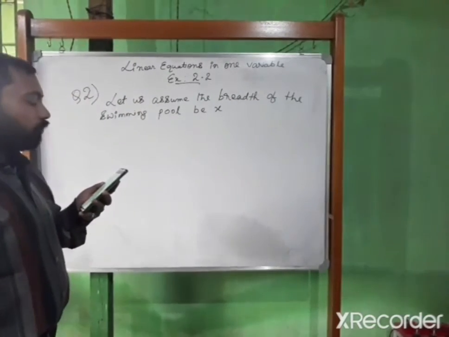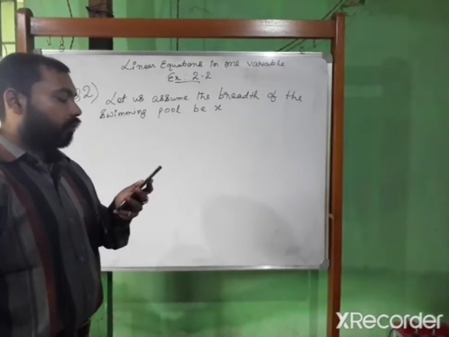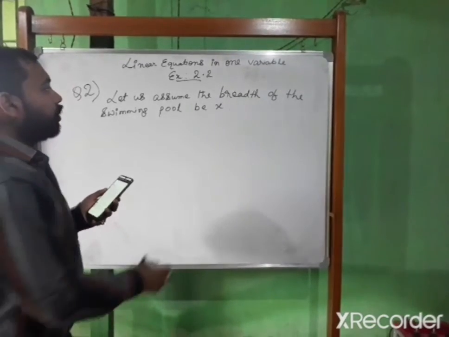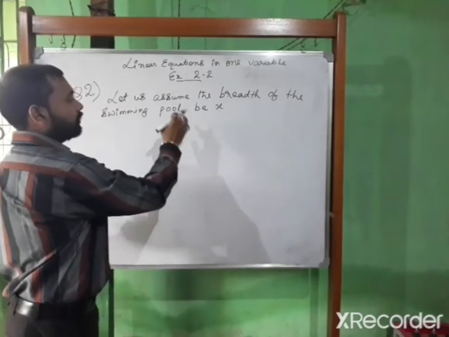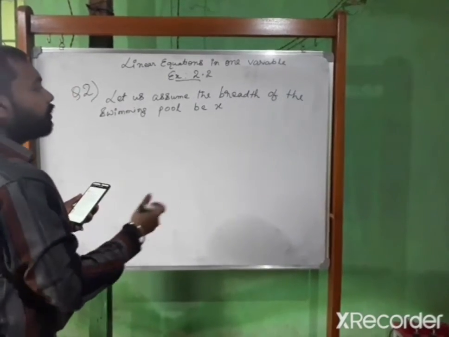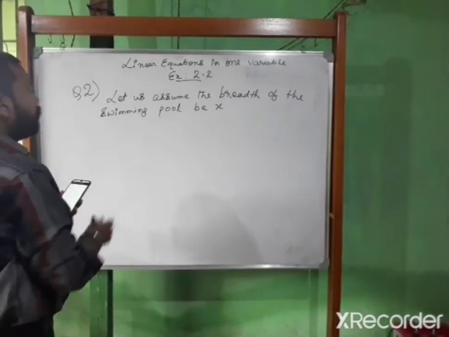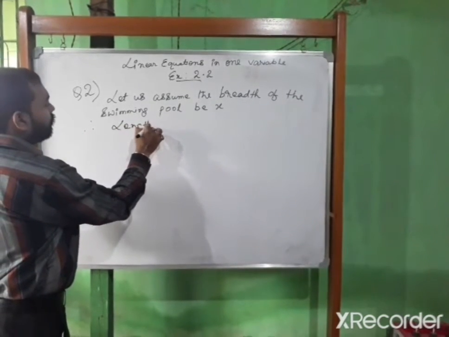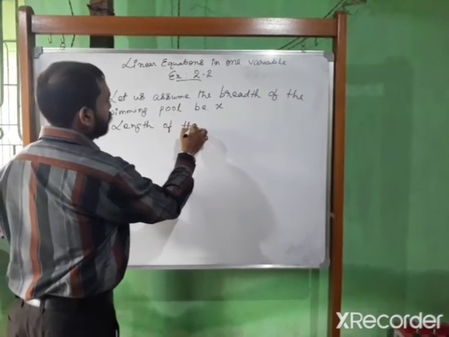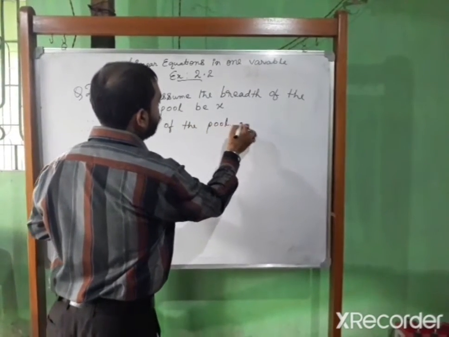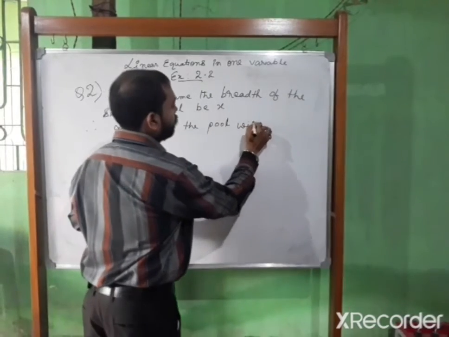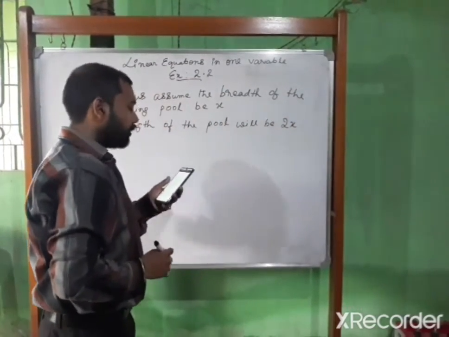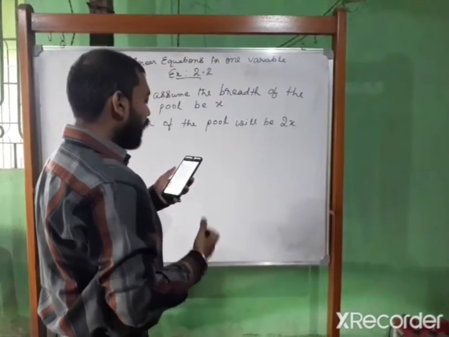So now what will be its length? It is already given in the question. The length is 2 more than twice its breadth. So if the breadth is x, then twice the breadth will be 2x. Therefore the length of the pool will be twice x plus 2.